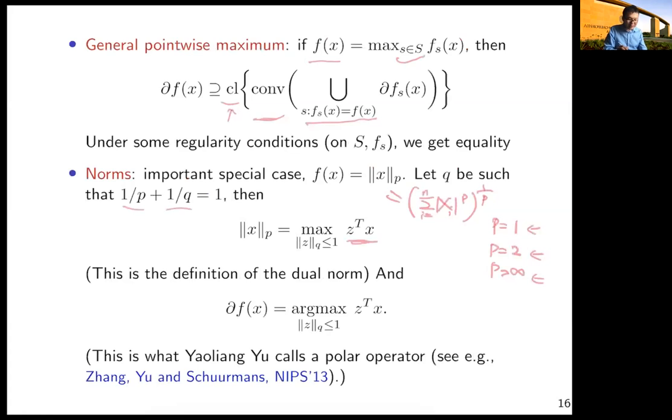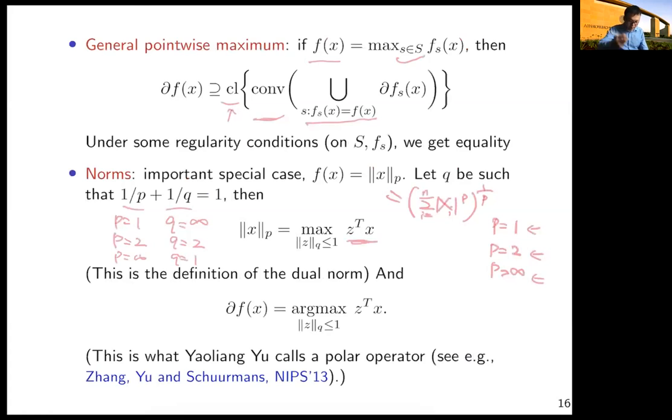Then the p norm and q norm are conjugate to each other, one is a primal norm and the other is a dual norm. For example, when p is equal to 1, the corresponding q is equal to infinity. When p is equal to 2, q is equal to 2, in which case we say the Euclidean norm, or any Hilbert space norm, is dual to itself. And when p is equal to infinity, q is equal to 1.